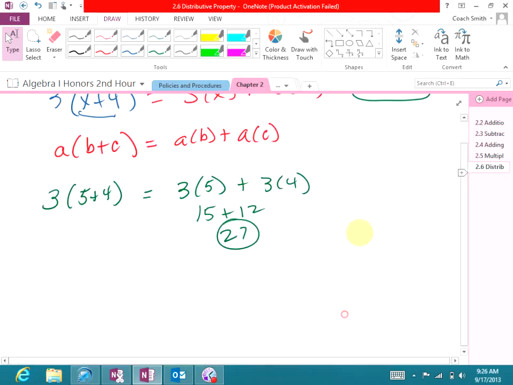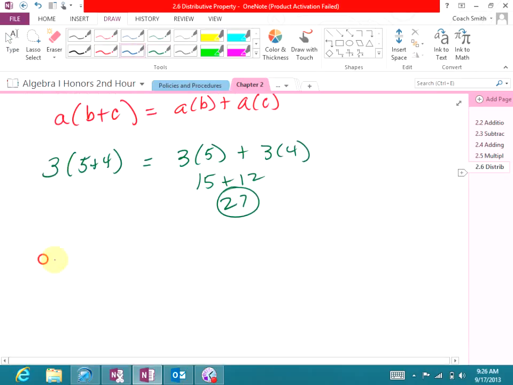Let's say I throw a negative in here. Let's say I have negative 3 times r plus 4. Doesn't change. We learned about negatives last night. Multiplying negatives, we should know our rules. You simply distribute the negative 3 to both the r and the 4.